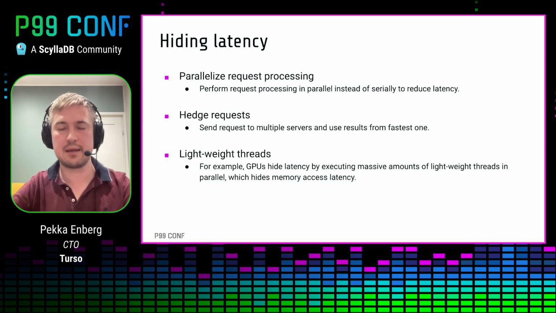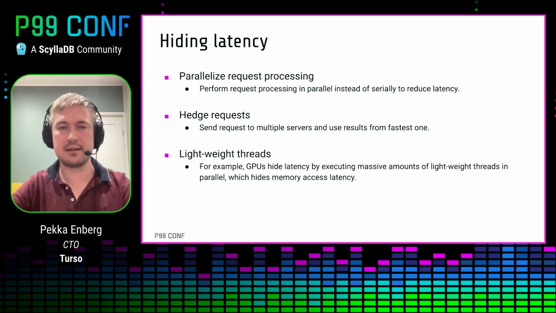In the example we looked at in the beginning of this talk, a REST API or something like that, which fans out request processing to 10 different backend systems or database queries, you should just do all of those fan outs in parallel, because now you don't have to wait for each one of them individually. You will just wait for the slowest one, because the other ones will have completed and you will have their results. So parallelizing request processing is a great way to hide latency. It doesn't really fix the latency, but it can go a long way.